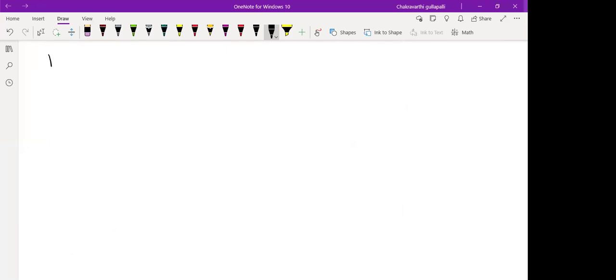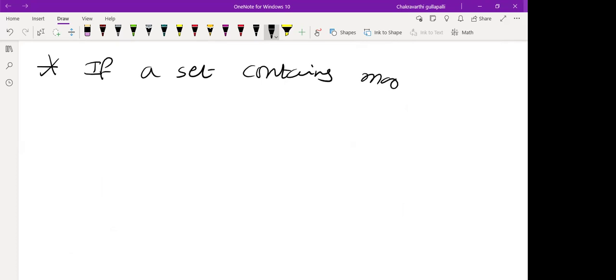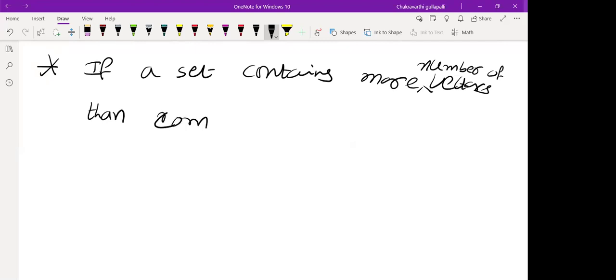So I will write that if a set contains more vectors than components, more number of vectors than the number of components, then the set is linearly dependent.